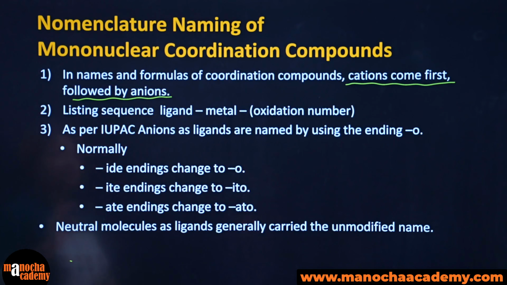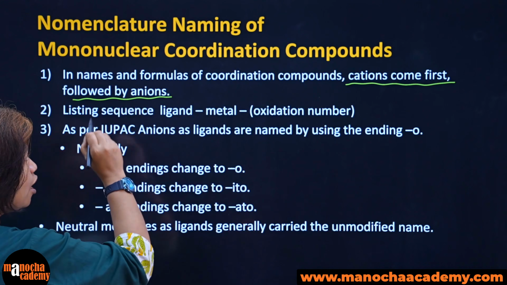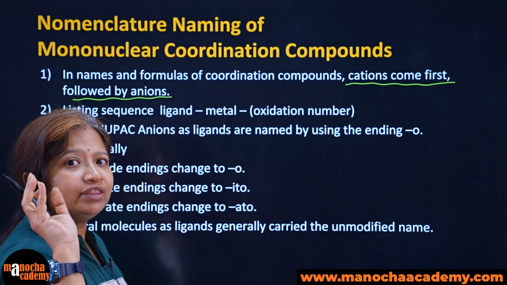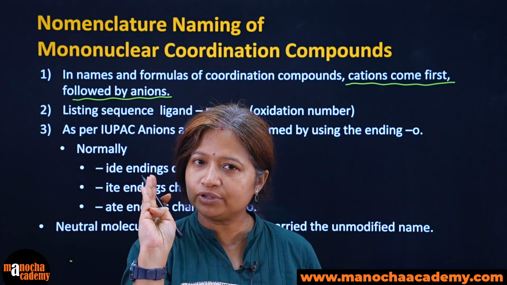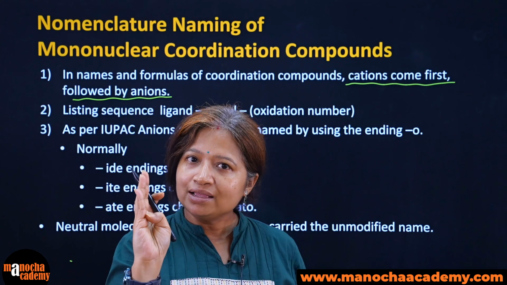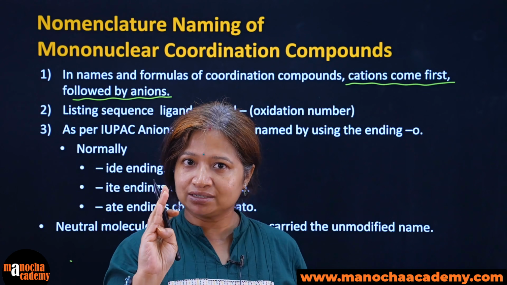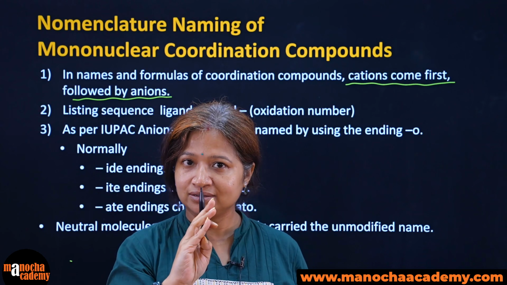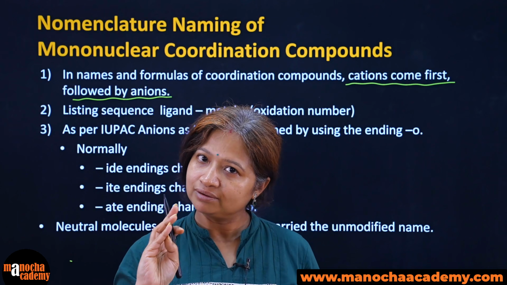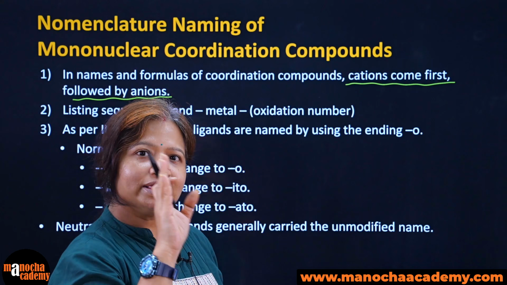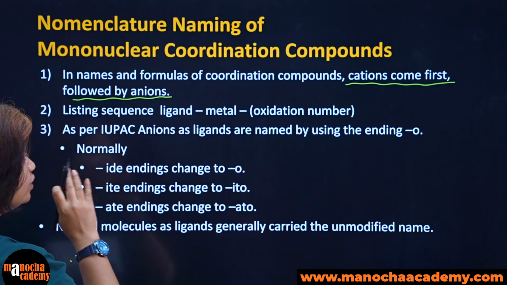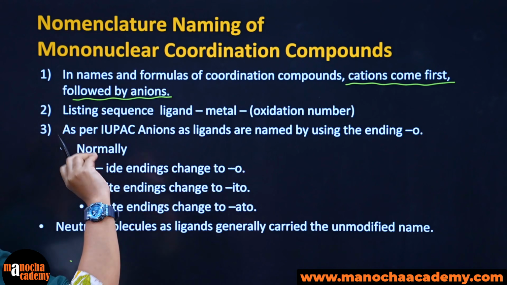Then, listing sequence is, how do we name it? What do we have in the coordination compound? We have a metal atom or the ion. That is metal, it's having an oxidation state. You have ligand, you have a counter ion, right? Now, whether you are naming the cation then the anion, but then how are you naming the coordination sphere?